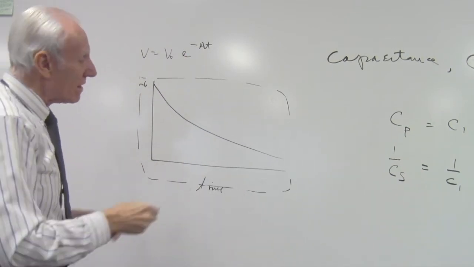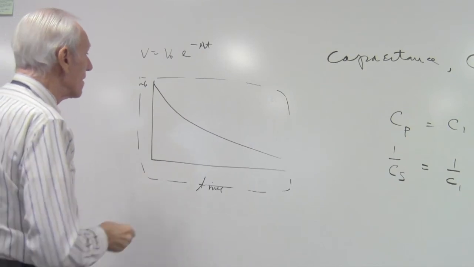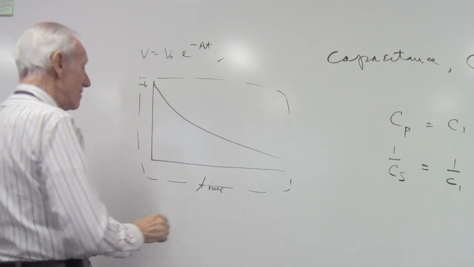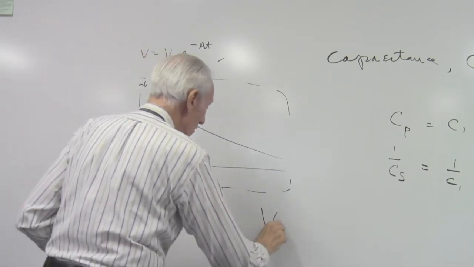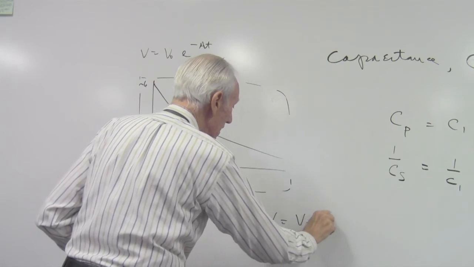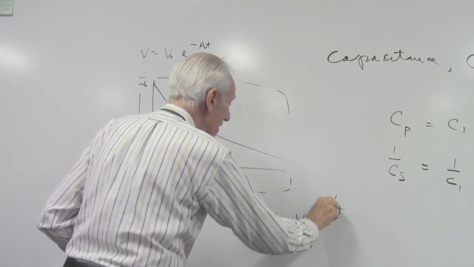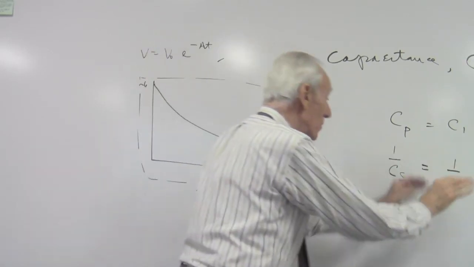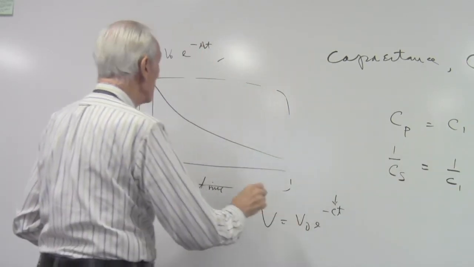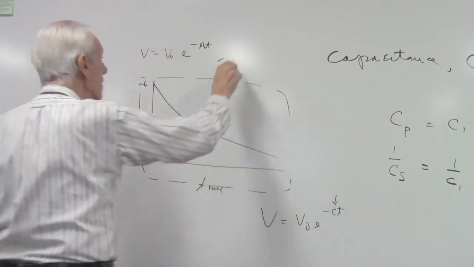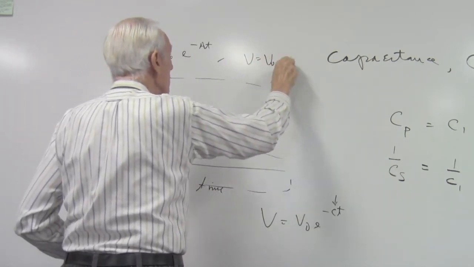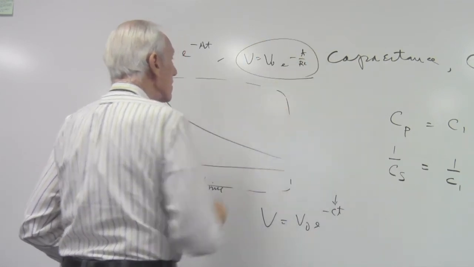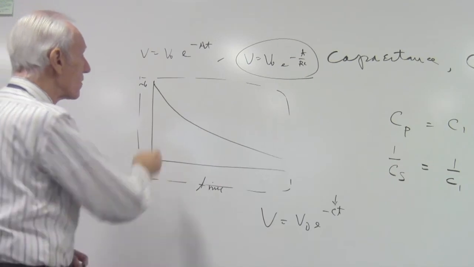Now, unfortunately, and we might as well go ahead and use it, the correct formula in the curve fit on this program is e to the minus ct. This is a source of confusion. This c is not capacitance. This c is, in theory, V equals V0 e to the minus t over RC. This is the formula for this curve.